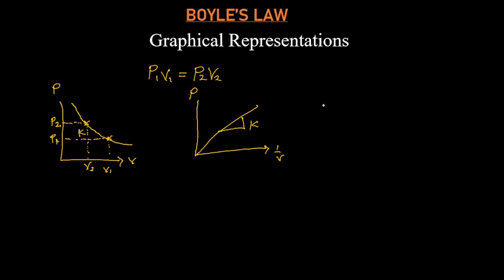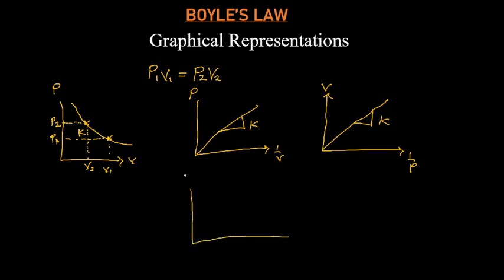The same way if you plot volume against the inverse of pressure, this volume will have the same thing, a straight line, and this will be our K. What if we plot the product of pressure and volume against pressure? So let's say we are plotting this. This is PV, and this is pressure. We end up having a straight line.